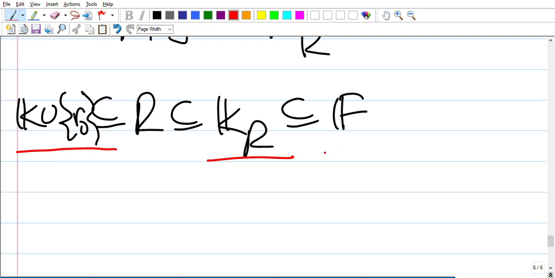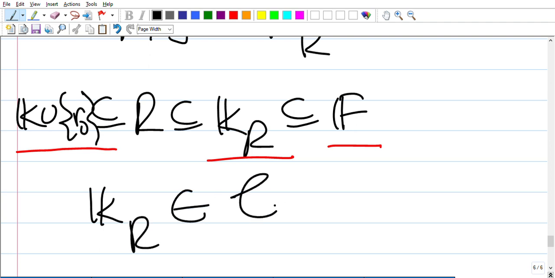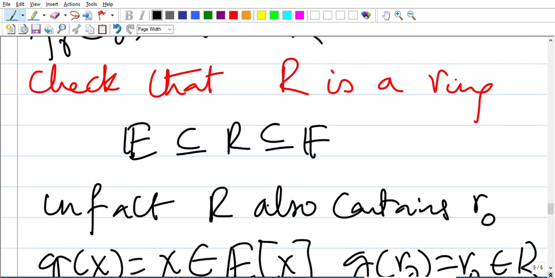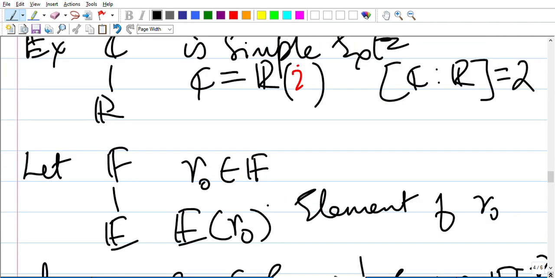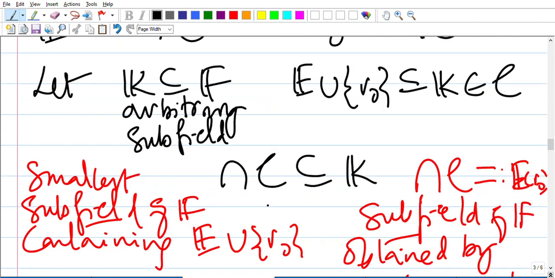It's a subfield of F. So K_R will automatically belong to C that we had defined earlier.